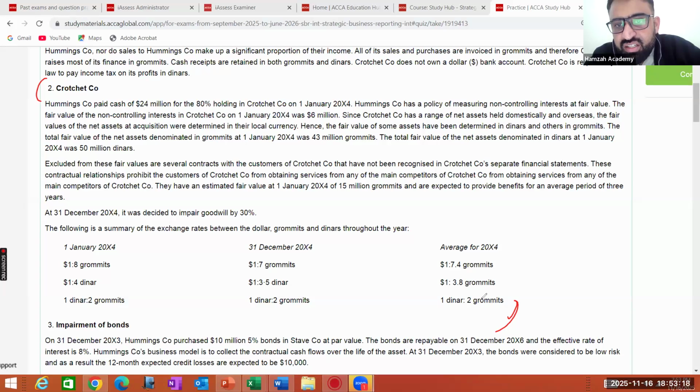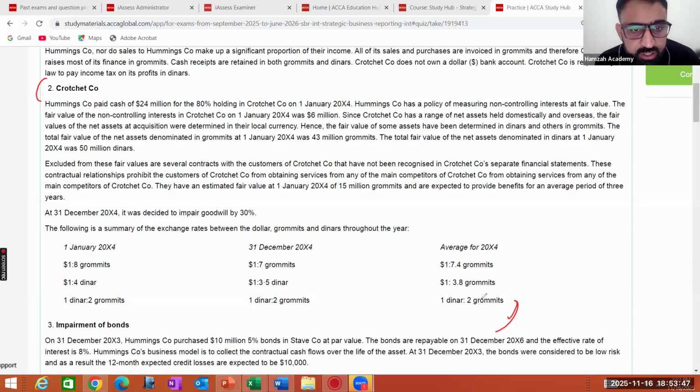Since the C company has a range of net assets held domestically and overseas, the fair values of the net assets at acquisition date were determined in their local currency. Hence, the fair value of some assets has been determined in dinar and others in grommets. The total fair value of the net assets denominated in grommets on 1st January X4 is 43 million, and 50 million in dinar.